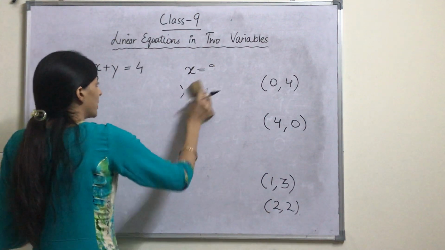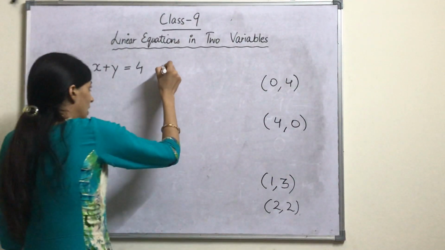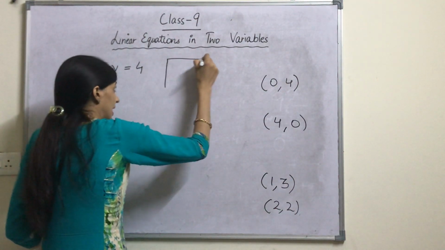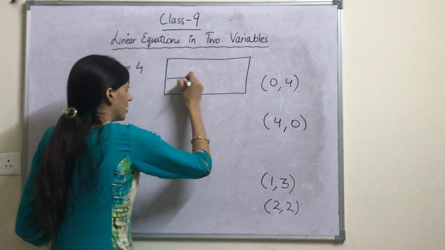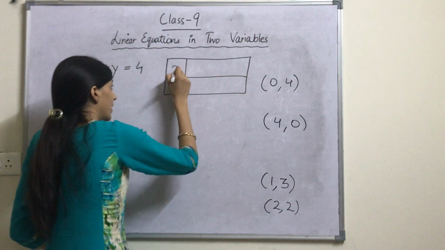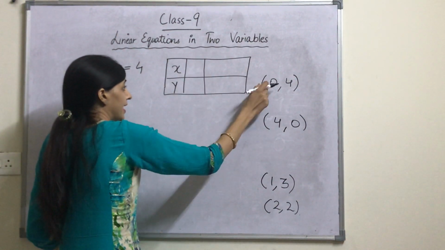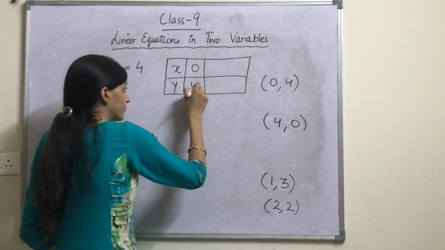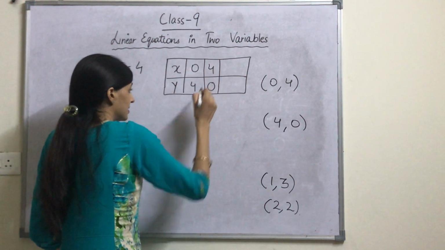So in this way we get 4 points and you have to make a table like this. This is your x point, this is your y point. When x is 0, y is 4. When x is 4, y is 0.